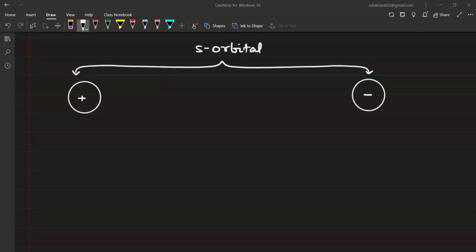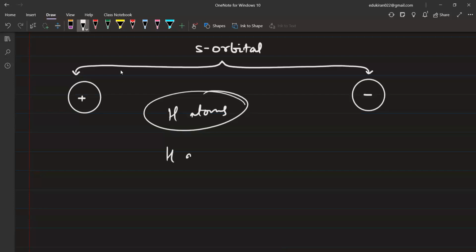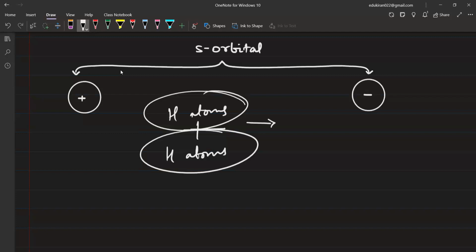Now, don't write anything and try to understand. Let us suppose we are talking about hydrogen atom. There will be millions of hydrogen atoms, right? And these hydrogen atoms will combine with each other to form hydrogen gas, that is H2. When the hydrogen atoms are combining, actually their orbitals are combining.